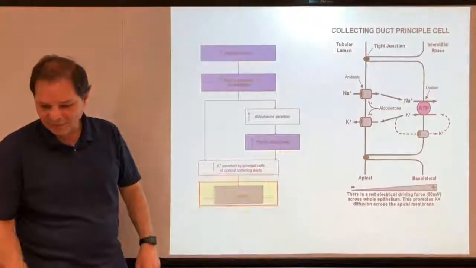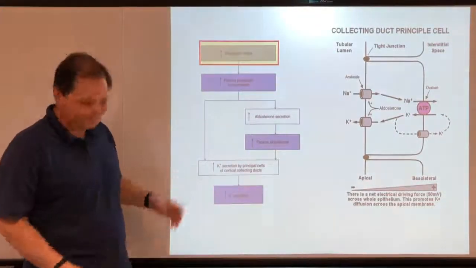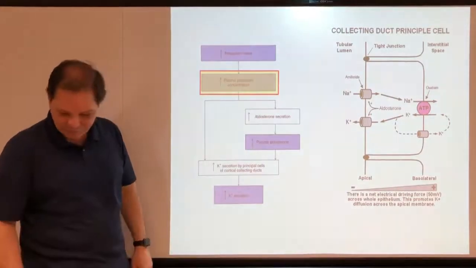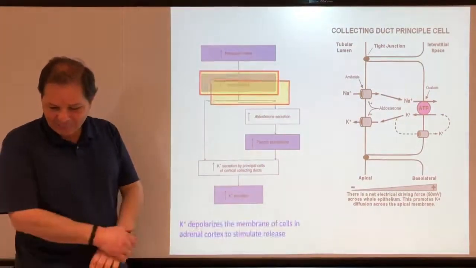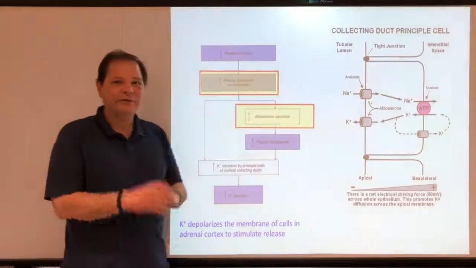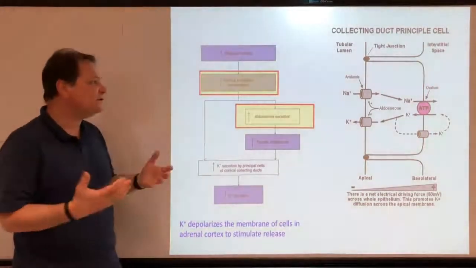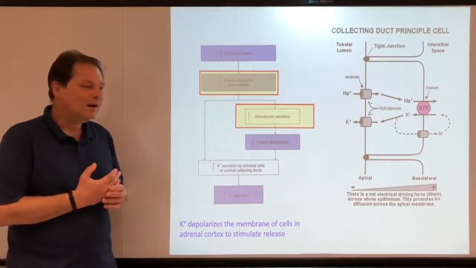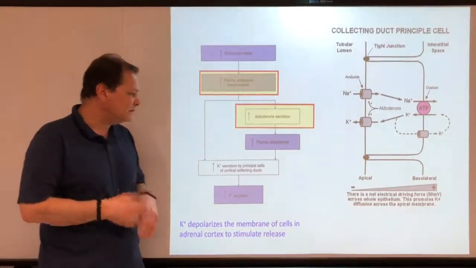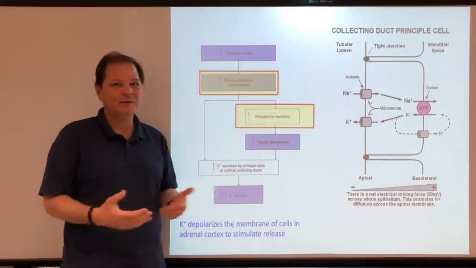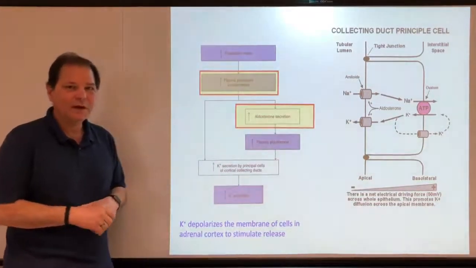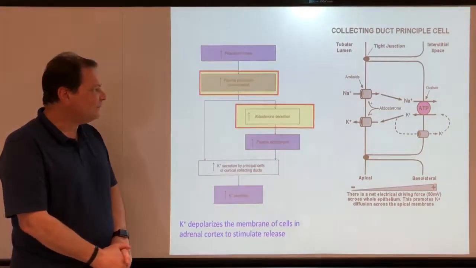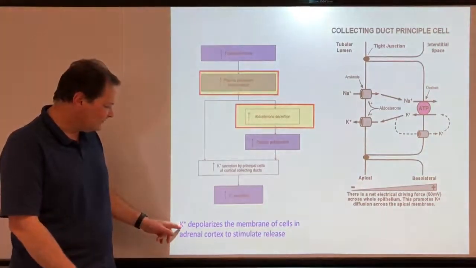Let's say we have an increase in potassium intake in our diet. That increases our plasma potassium concentration, and that causes aldosterone to be secreted. So in addition to changes in sodium, in addition to angiotensin II and the other mechanisms that we've talked about for changing aldosterone, potassium also controls aldosterone secretion as well.